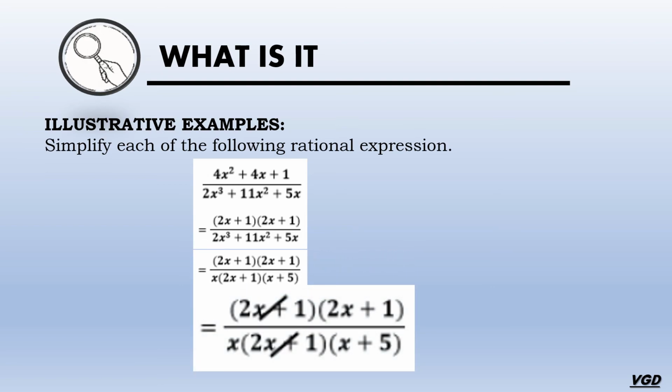And now we can already proceed to canceling out the common factor in the numerator and the denominator. So we have here 2x plus 1 as our common factor between the denominator and the numerator. So we will cancel that out. So our remaining factors are this.